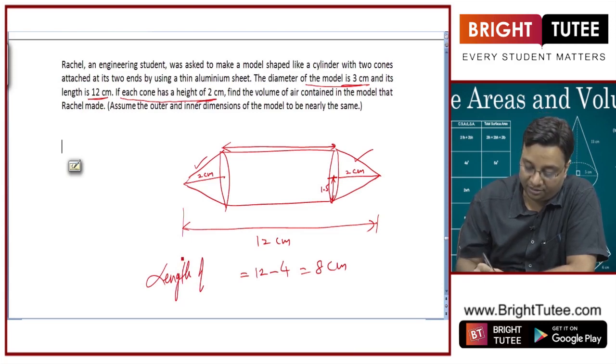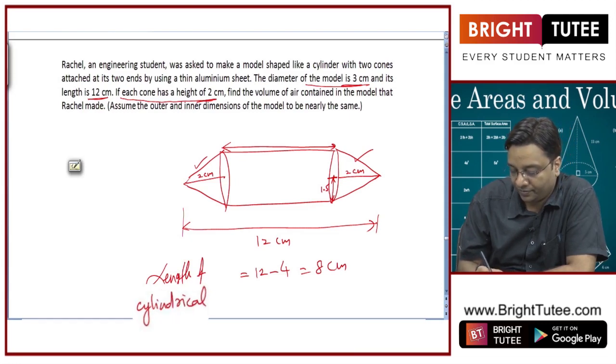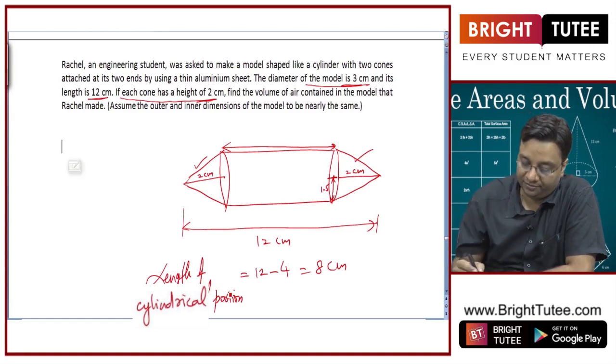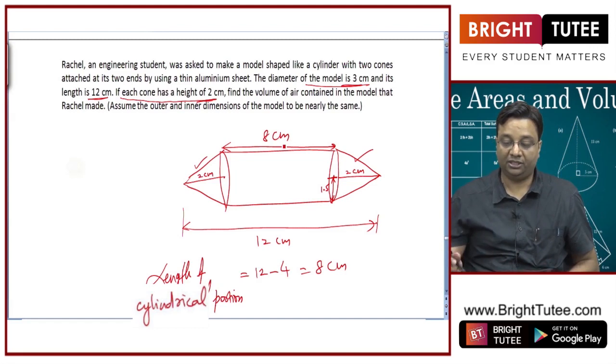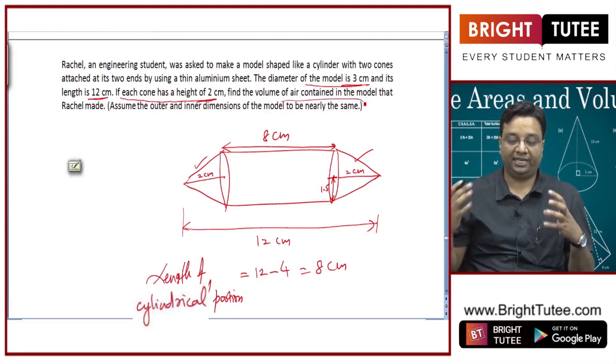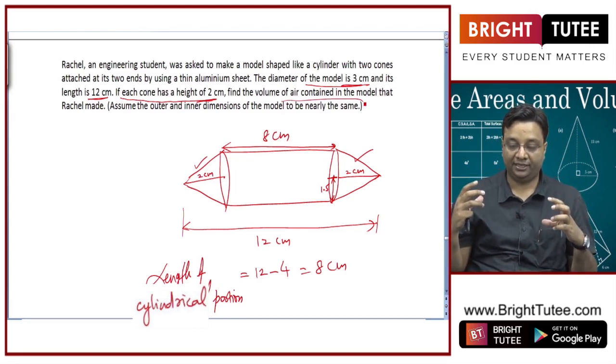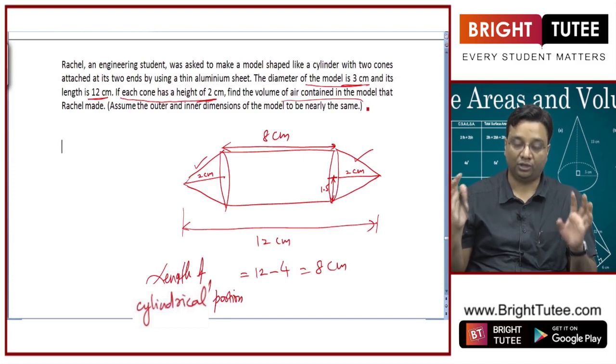or height of the cylindrical portion. Length of cylindrical portion, or you can say height of the cylinder. So this is 8 centimeter. Now I have got all the dimensions. I need to find volume of air contained inside the model.